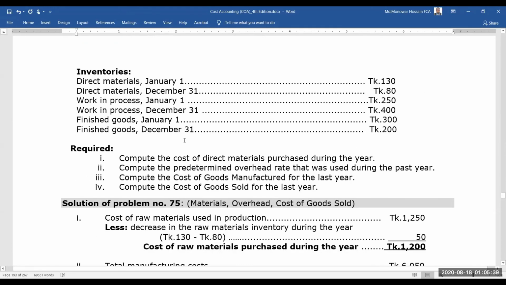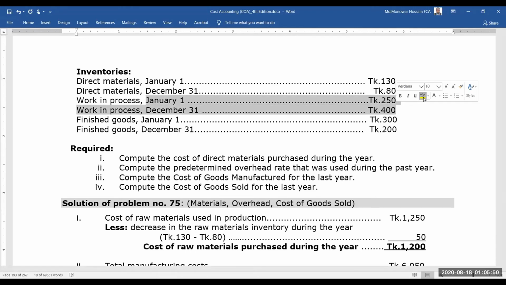And the inventory of direct material on January 1 is 130 and on 31st December 80, work in progress in January is 250, and the closing on 31st December 400, and finished goods January 300, December 200.